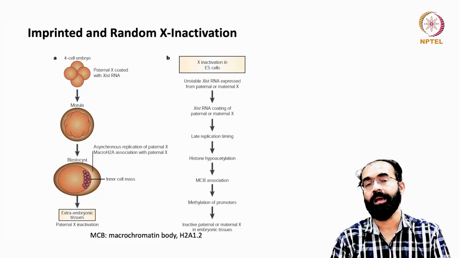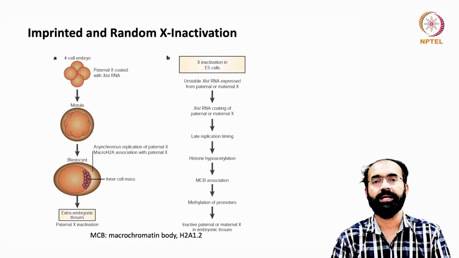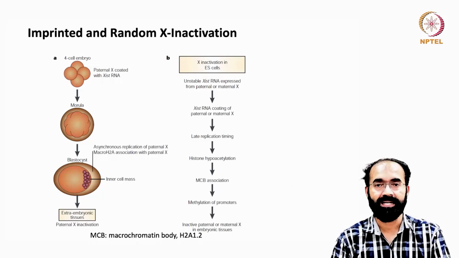This means in embryonic stem cells either the paternal or maternal X chromosome can be inactivated, whereas in an organism it is constantly maintained, up to the extra embryonic tissue, that the paternal copy is made inactive.